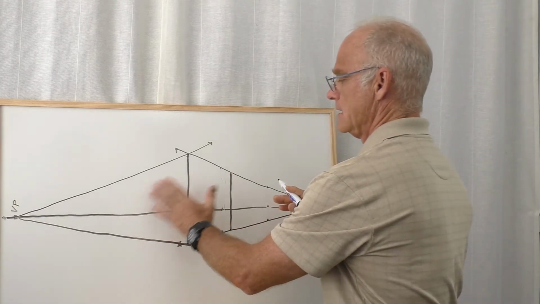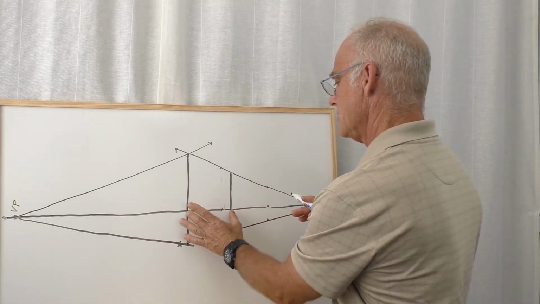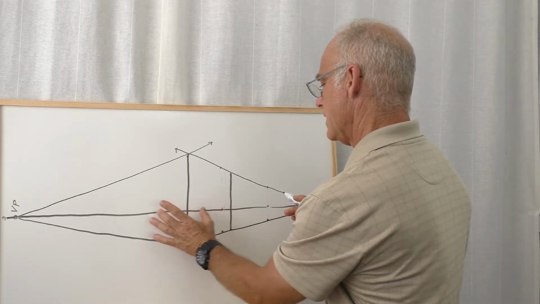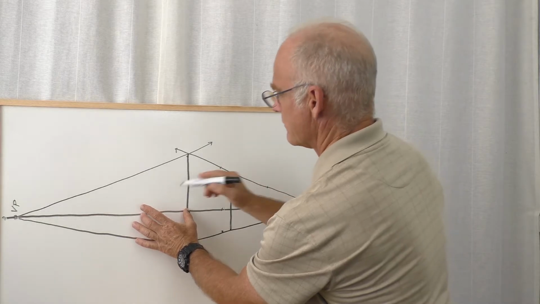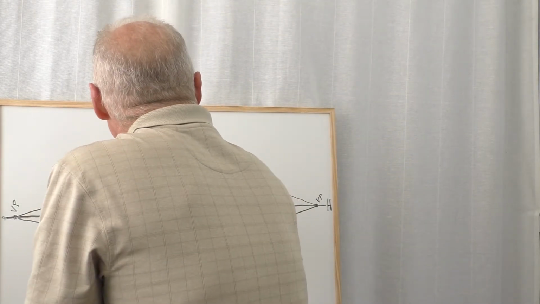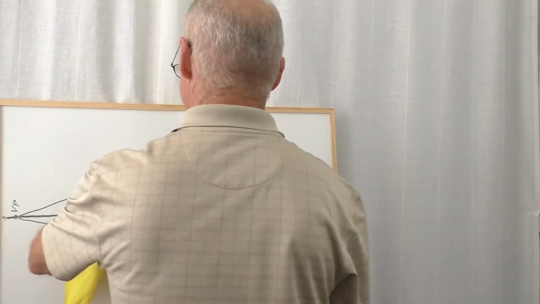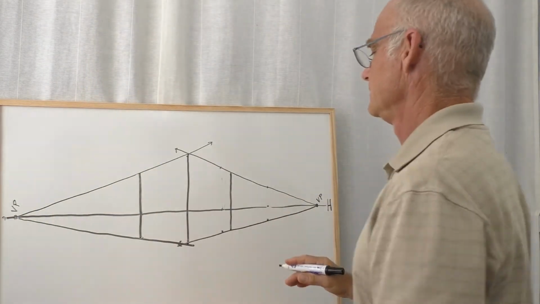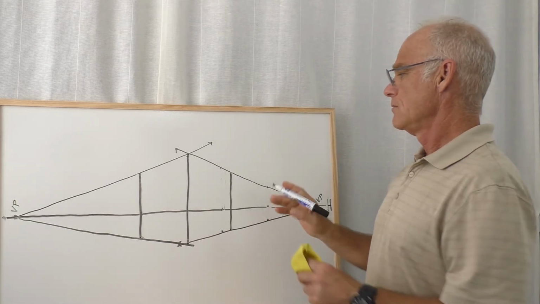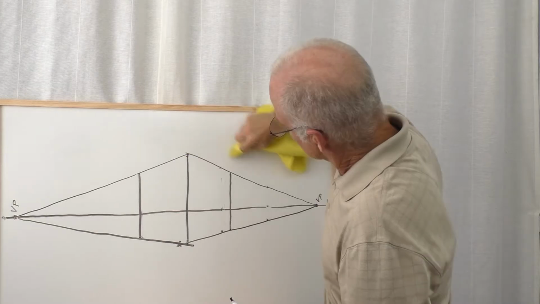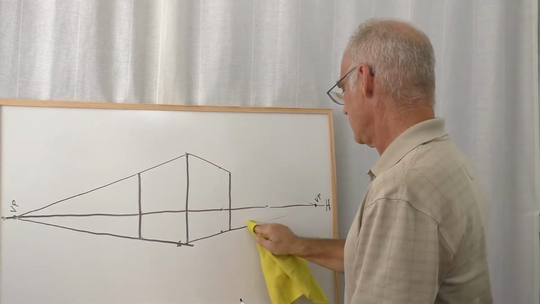Over here is the other plane. It's going to be the same width as our first line. Now, we erase the projection lines, up above, down below.